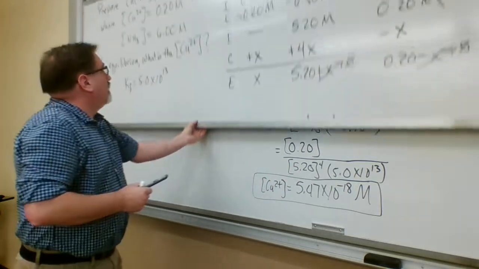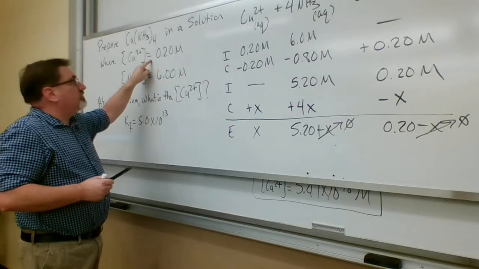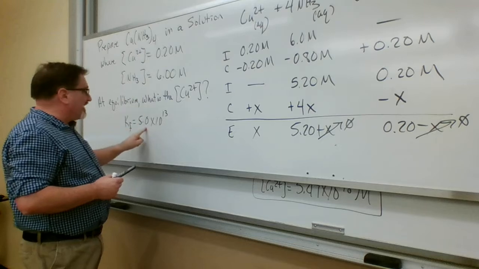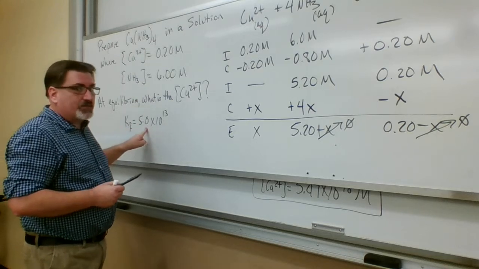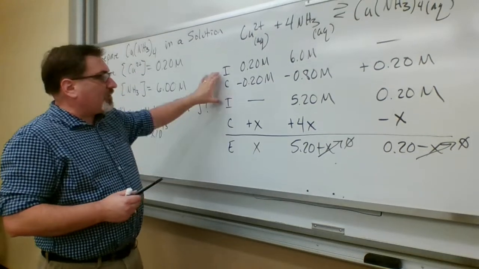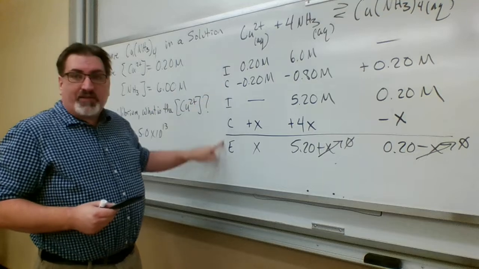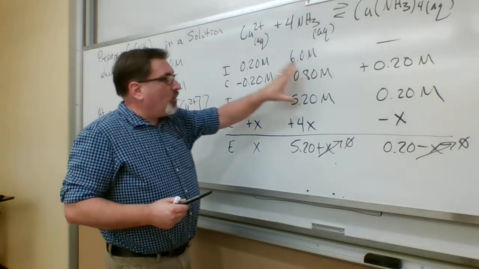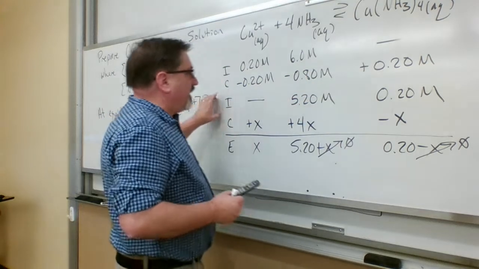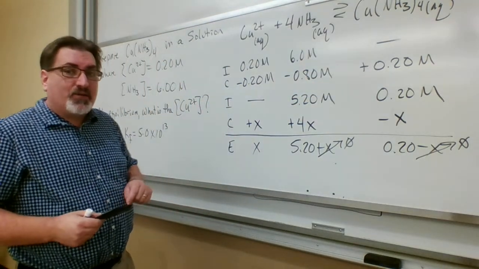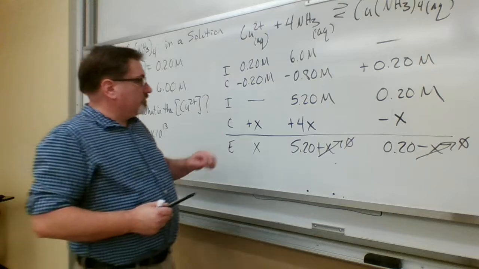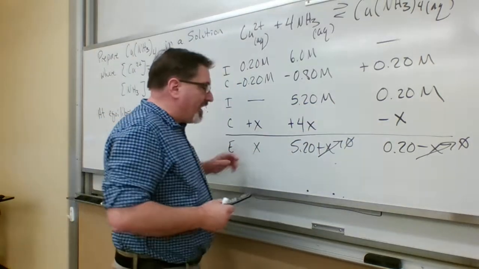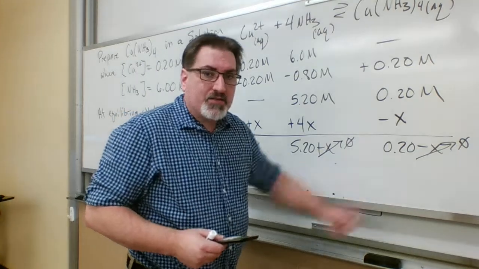Now all the Kf problems are going to work like this. You'll need to know the concentration of the metal ion, the concentration of the ligand, and the Kf for the complex. Then you set up an ICE table. All the Kfs are large, so they're all vanilla ICE tables. Find out what your intermediate stage looks like. Usually it's the metal ion that runs out first. See what your variables look like after that, and come up with your equilibrium concentrations.